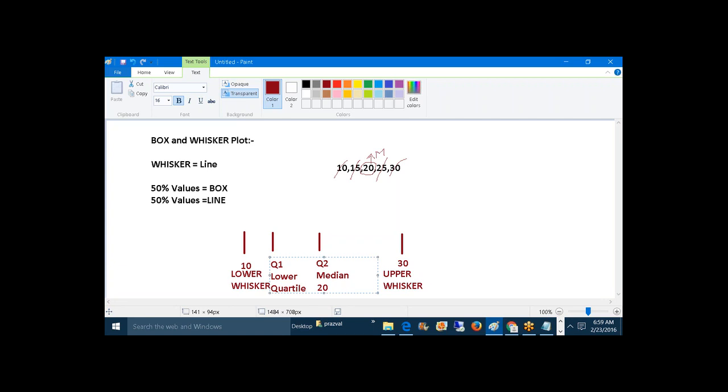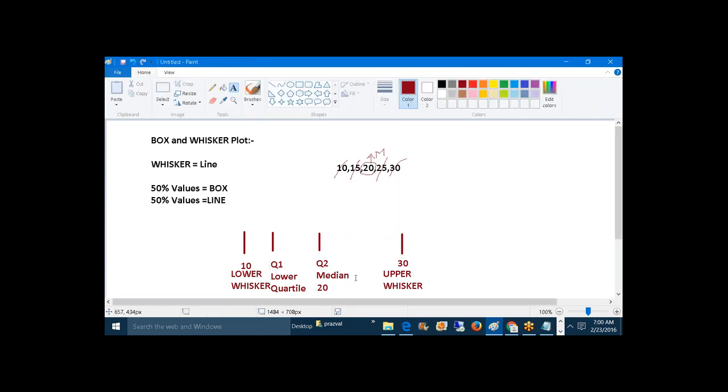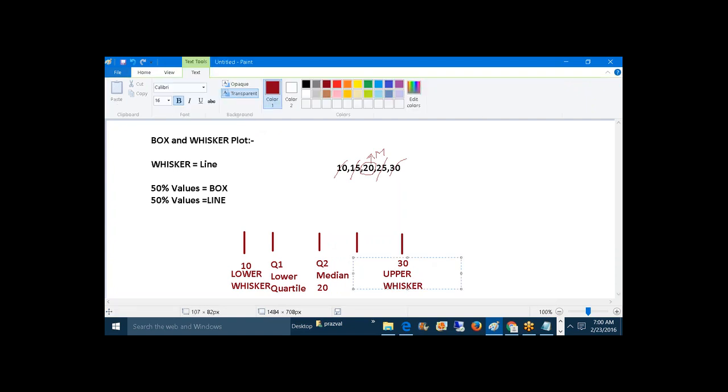Next, again, it is going to find the median between 20 and 30. For 20 and 30, the median is 25. This will be Q3, the value would be 25, and it will be indicated as the upper quartile.